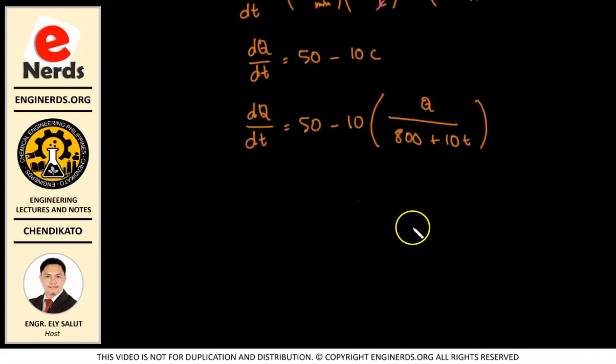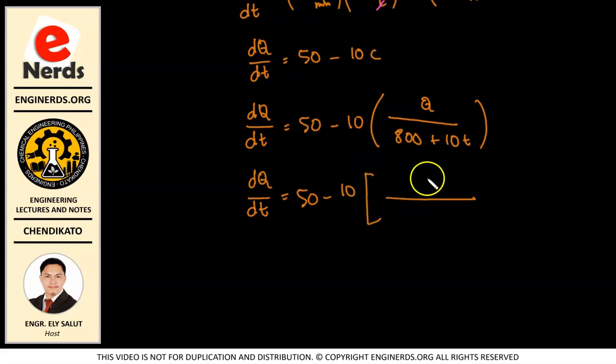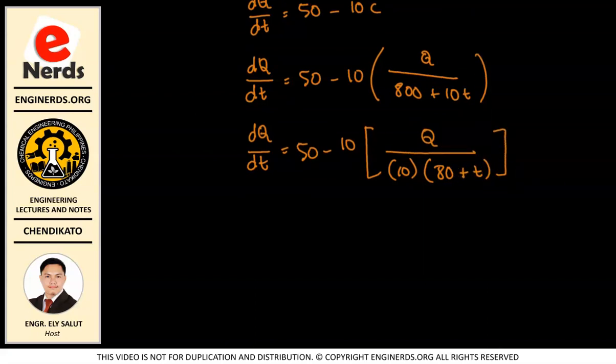So now we are going to rearrange that. So first, meron tayong 800 plus 10t dito sa ating denominator. Let me factor out 10 for this. So we have dQ over dt is equal to 50 minus 10 times Q over 10 times 80 plus t. Okay, so from here, you can see that our 10 here will be cancelled out.